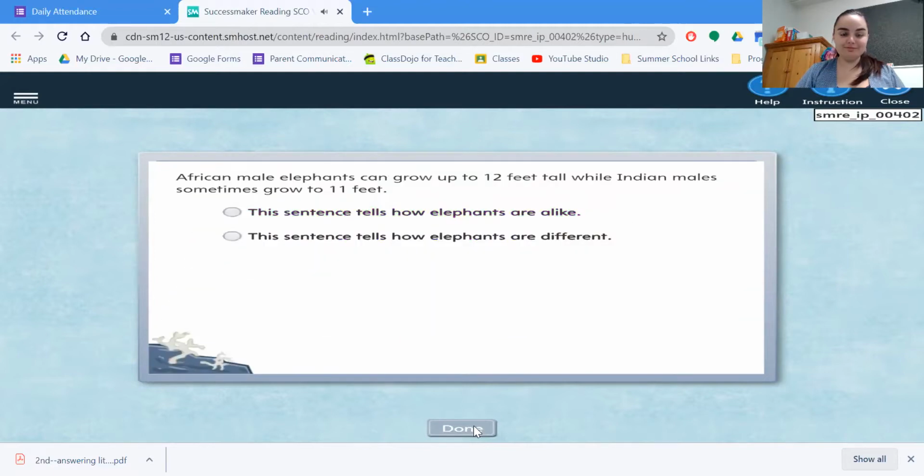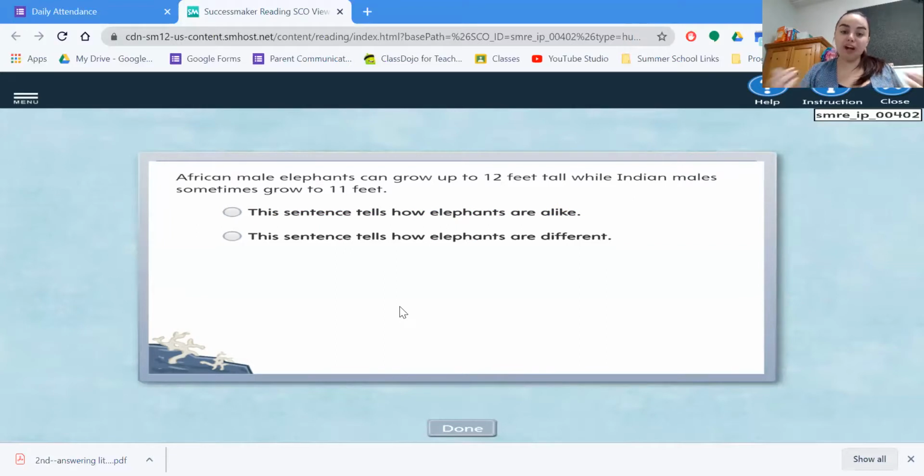Read each sentence, then choose the answer that tells whether the sentence is comparing or contrasting ideas. African male elephants can grow up to 12 feet tall, while Indian males sometimes grow to 11 feet. Okay, so a little bit of a hint here. If they are comparing two things that are alike, they usually use the word and when they say this and that.